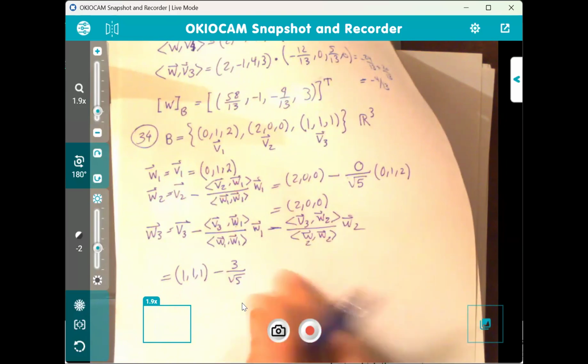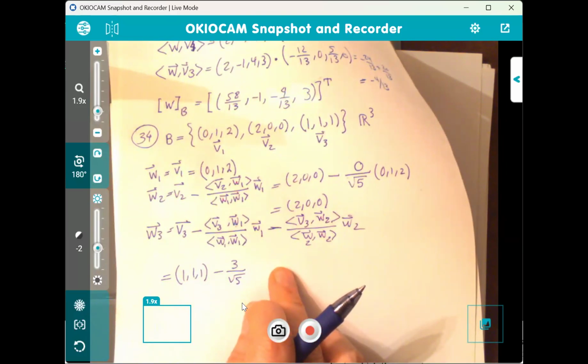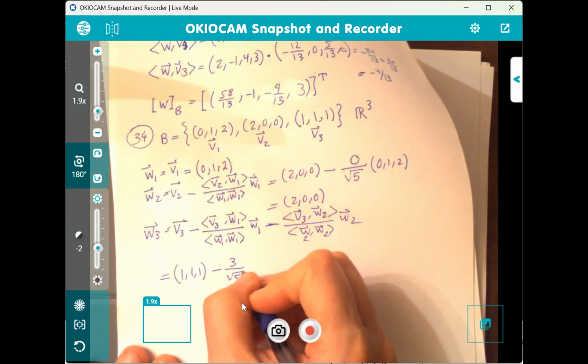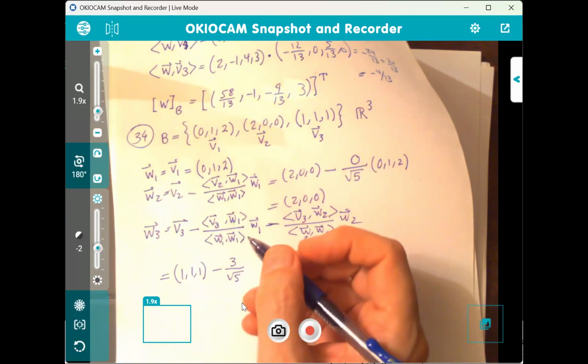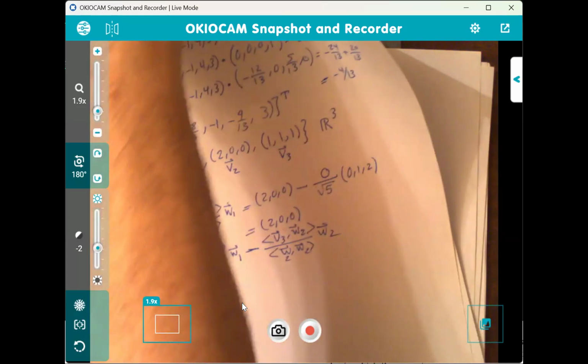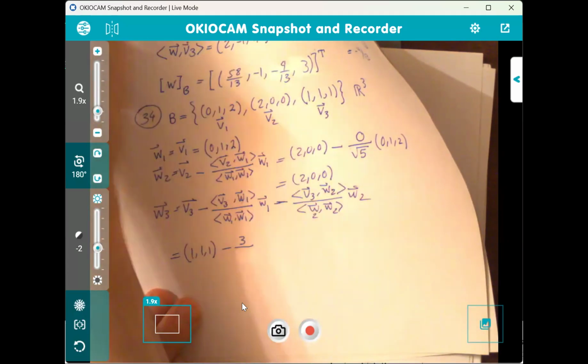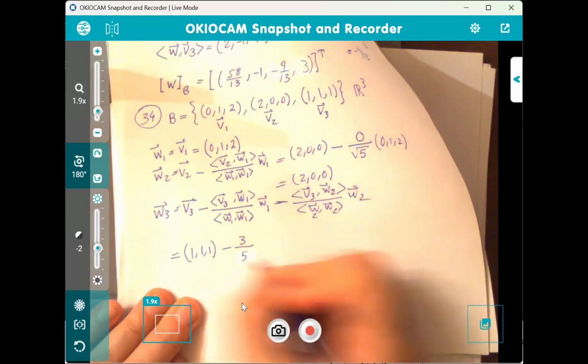Let me see real quick. Oh, the dot product gives you the magnitude squared, so you actually don't have a square root, right? Correct me if I'm wrong, but yeah, the dot product gives you the magnitude squared by itself, so it's just 3/5.